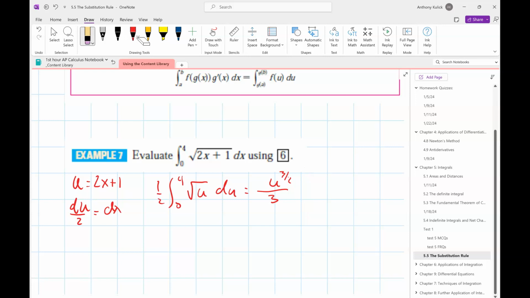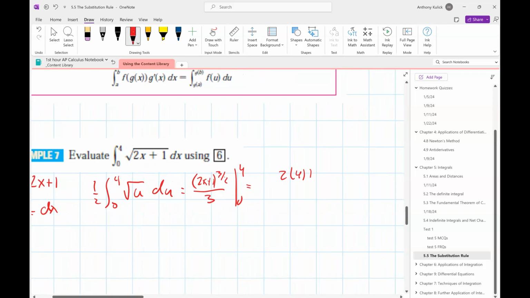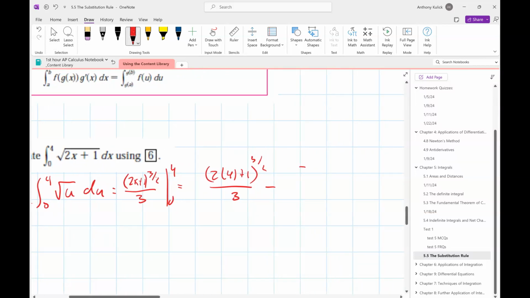And we'd want to plug our x back in here, and then we're going to evaluate from 0 to 4. Everybody's okay?